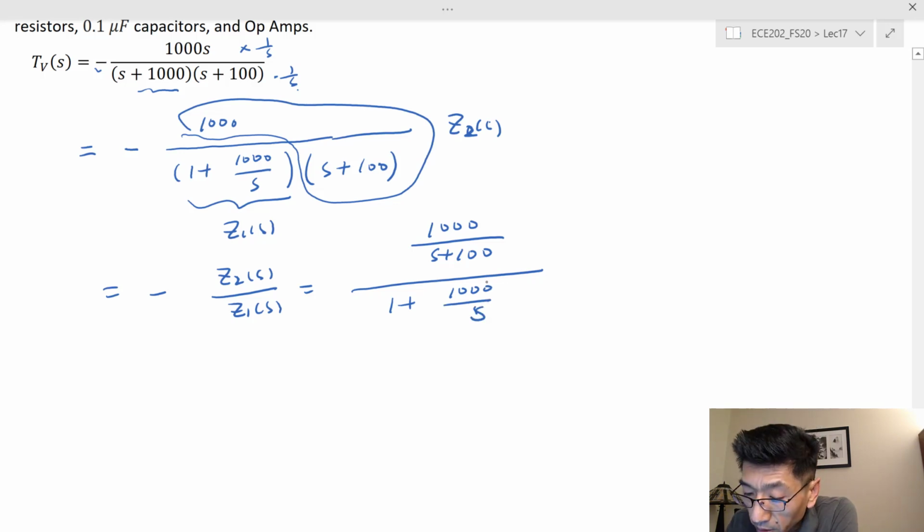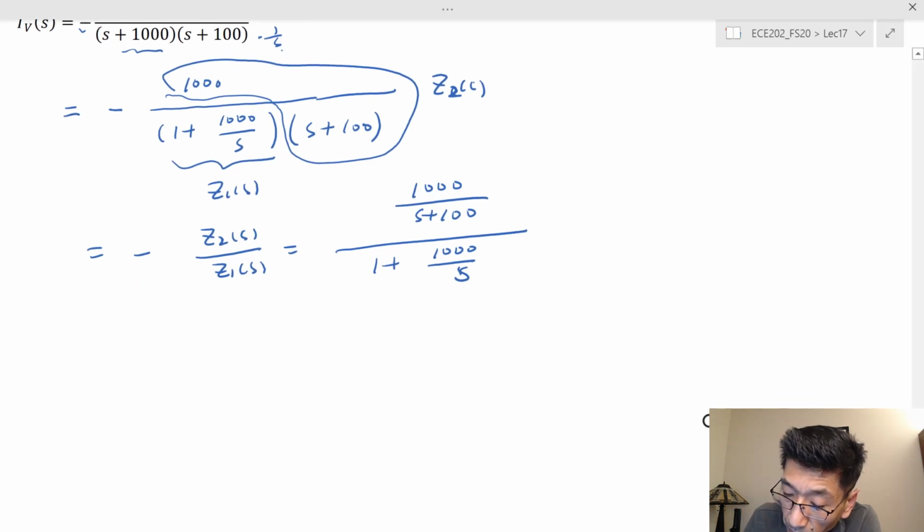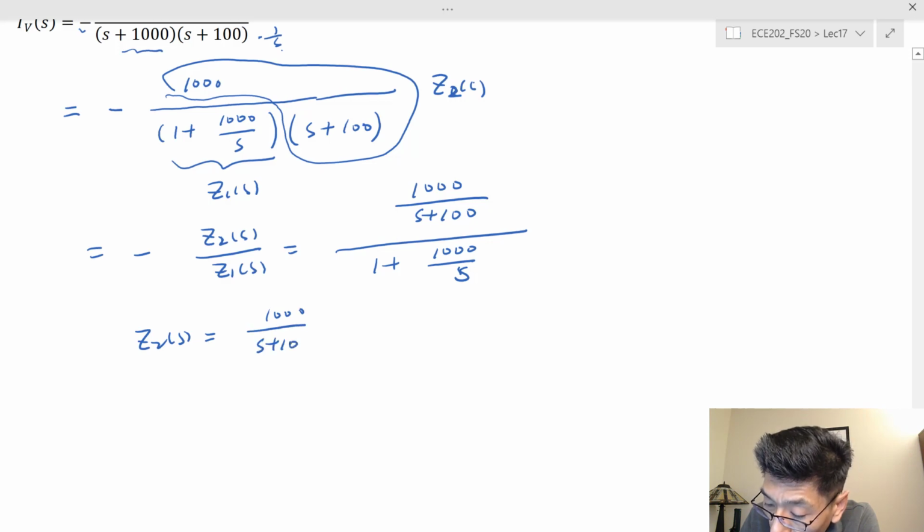So this Z2 is going to be a parallel connection of R and C, right? So in this case, if we do the Z2 equal to 1000 over s plus 100, and s plus 100. So in this case, the C is going to be equal to 1 over K.